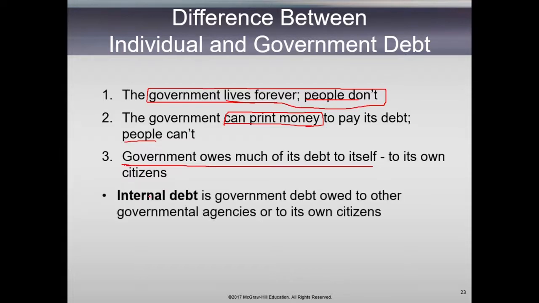So the internal debt, to break down number 3 here, is government debt owed to other governmental agencies or to its own citizens. That's called internal. The federal government owes a lot of money to the Social Security Trust Fund, which is another governmental agency. So when they pay off that debt, it's expensive in the sense that the government's paying it off.